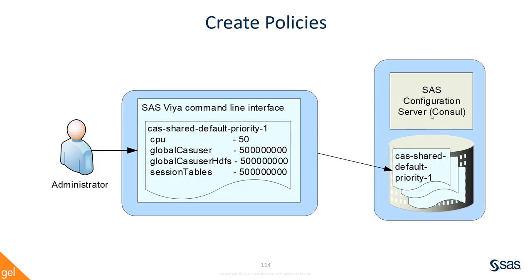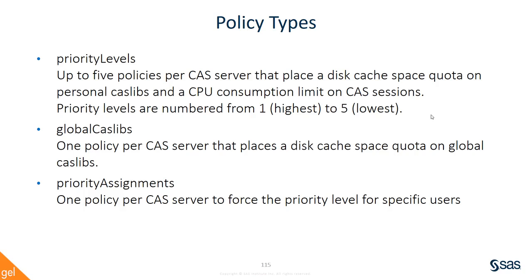The next thing we have to do is make the policies. These are the definitions of the policy usage that I want to implement. And there are 3 types of files. One is a policy level, or a priority level. And I can have up to 5 of these that determine the CPU and the disk cache for a group of users.